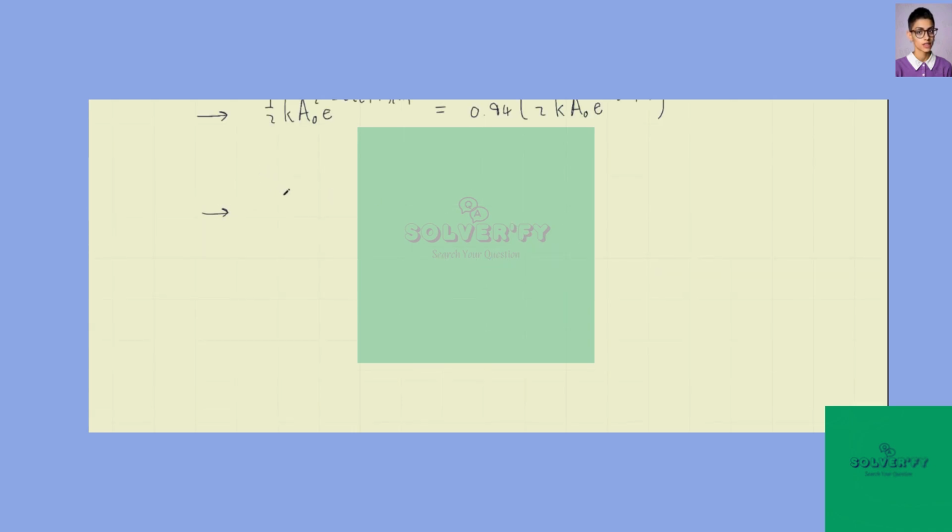And so simplifying this, we get e to the minus b times the period, capital T over m, is equal to 0.94.